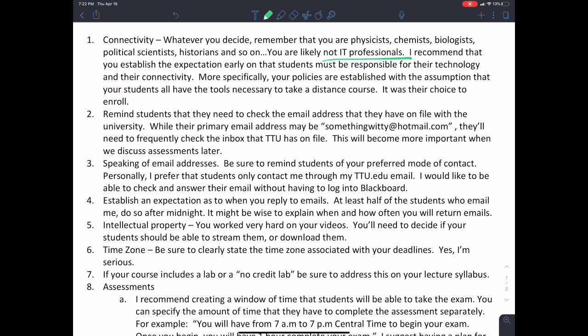More specifically, the policies that you set out are established with the assumption that your students all have the tools necessary to take this course. So remember, they decided they wanted to take the summer distance course, so hopefully they have in place the technology and connectivity they need to do so.